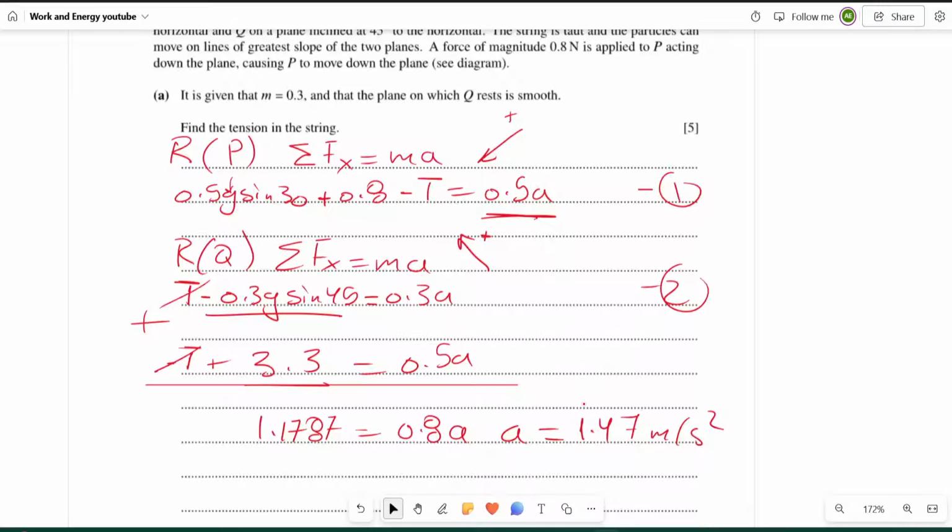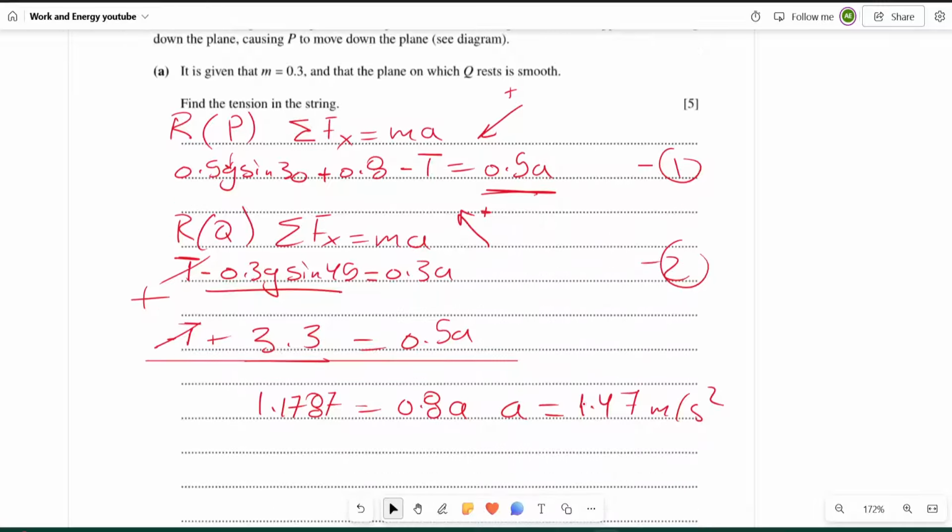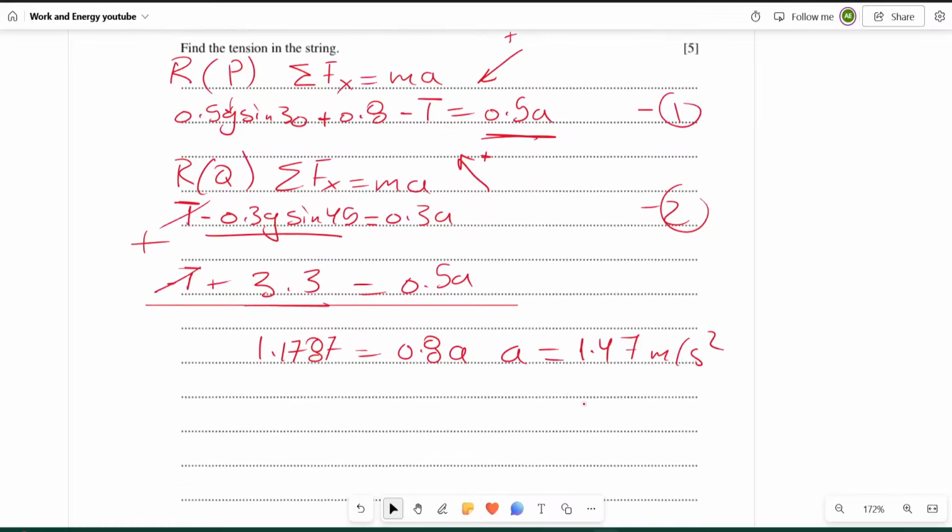I'm going to use the acceleration value to get the tension. Feel free to solve it however you want. I just find this easier to cancel the tensions because they're already different signs. So I'm going to put this acceleration value in this equation over here. So t minus 0.3 g sine 45 equals 0.3 times acceleration, which is 1.47.